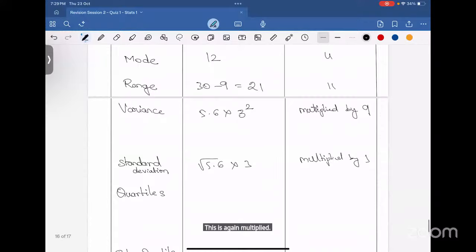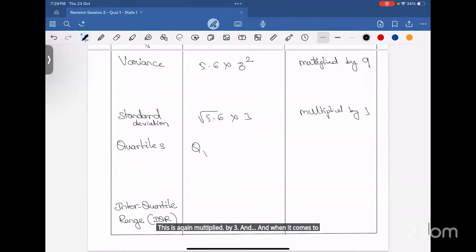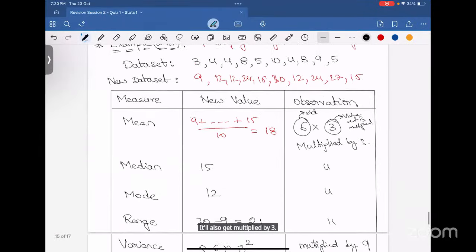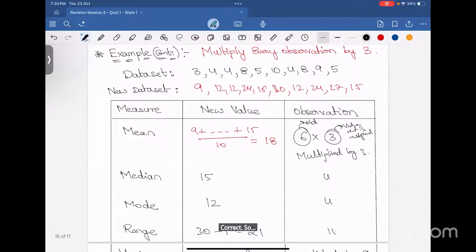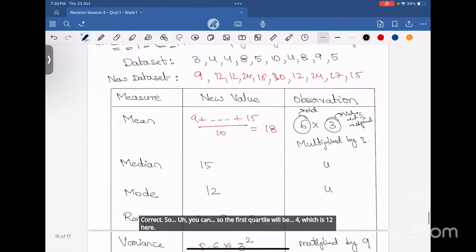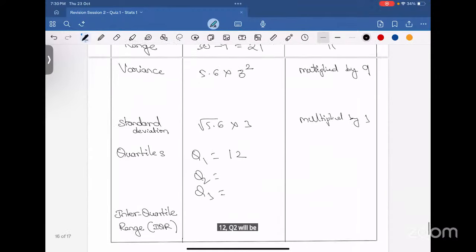This is again multiplied by 3. And when it comes to quartiles, Q1, Q2, Q3, they will also get multiplied by 3. So the first quartile will be 12 here. Q2 will be 15.